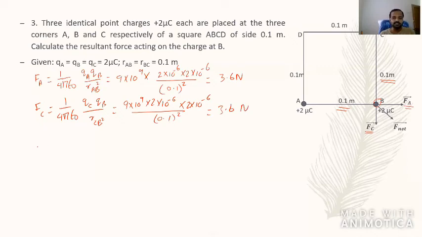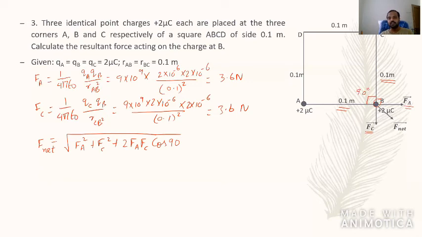Now we can simply find out the resultant force, that is F net, using the relation F net equals to square root of Fa square plus Fc square plus 2Fa Fc into cos of theta. Now here theta is equal to 90 degree. The reason is between Fa and Fc the angle is 90 degree. So I have substituted here.